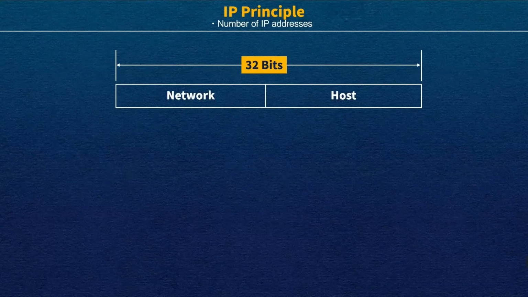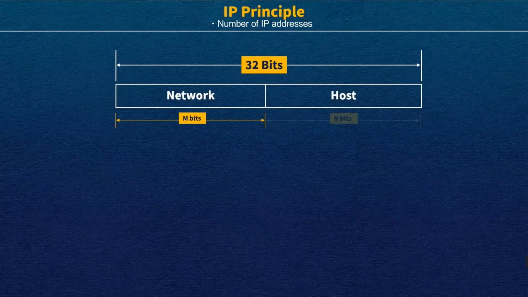The first is the network segment and the other one is the host ID, totally 32 bits long, and the total length is fixed. And then if we make the network ID n bits and the host ID m bits, of course, n plus m is fixed at 32, right?